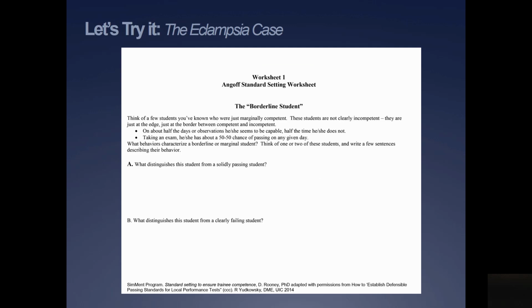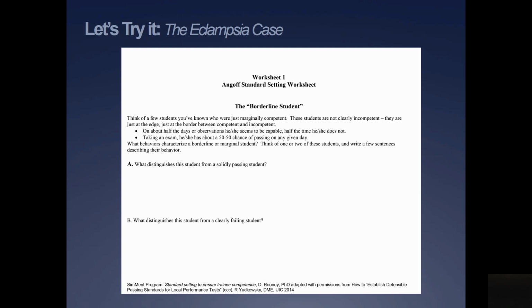So if I were walking through the eclampsia case, we do a little bit of warm-up. Everyone has their worksheet, so the cohort is sitting there waiting to be guided. We ask them to read this, and we are trying to define the borderline student because that's what the Angoff process tells us to do. We are focusing on that borderline student.